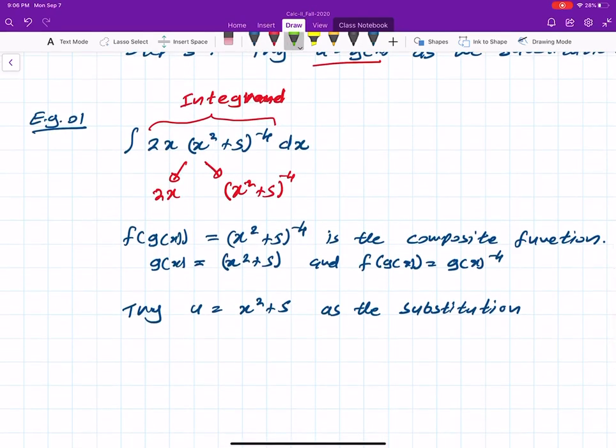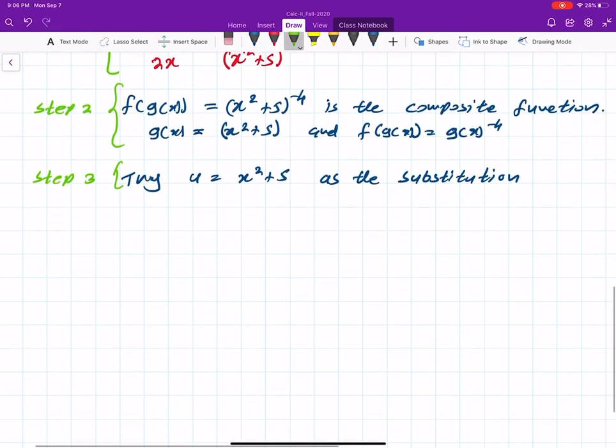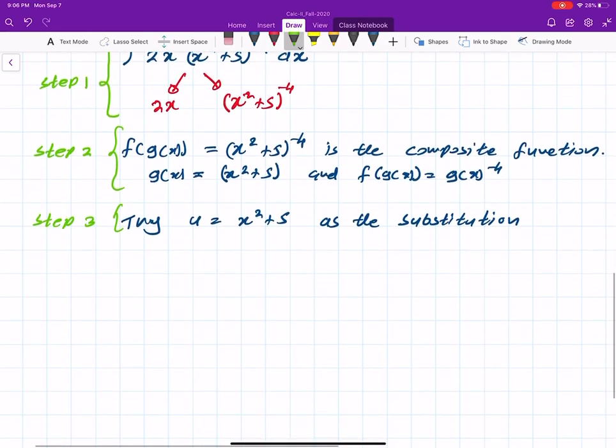So let's understand the steps. Splitting is step number 1, identifying the composite function is step number 2, and this is the final step, step number 3. These are the 3 steps. And now you're going to try u equals x square plus 5.